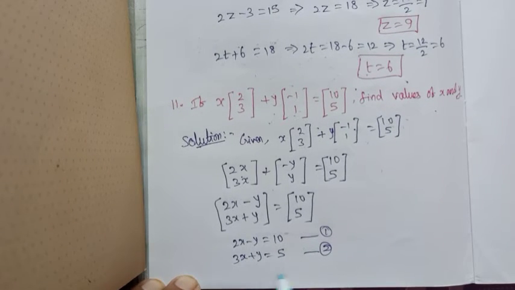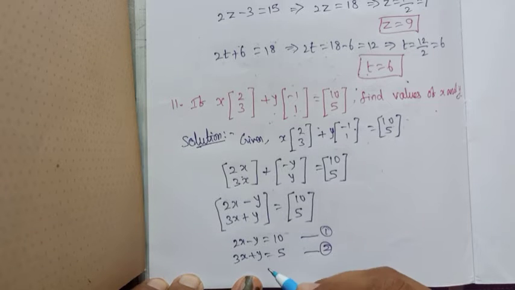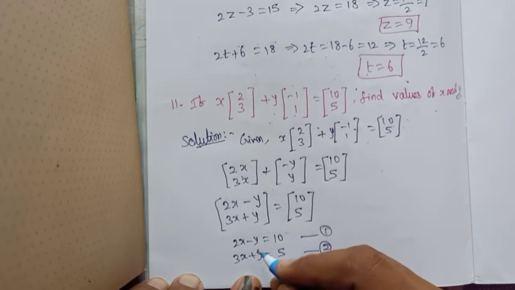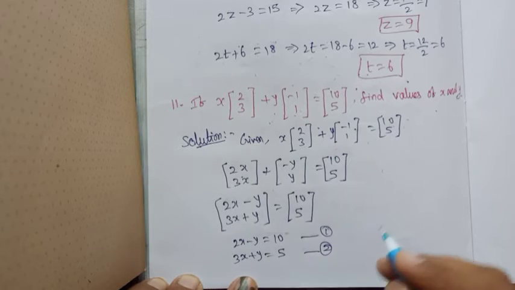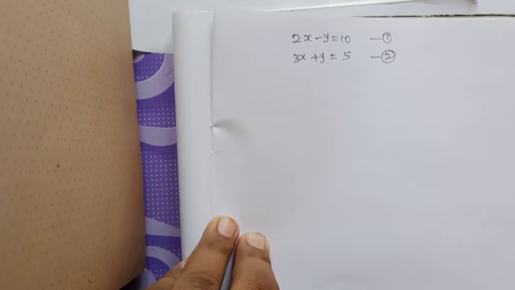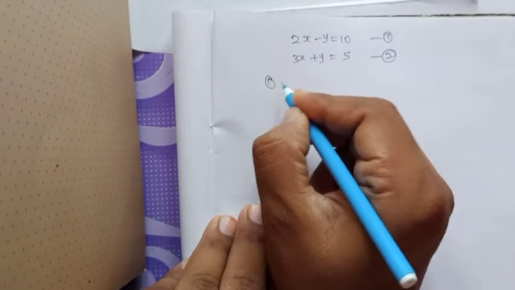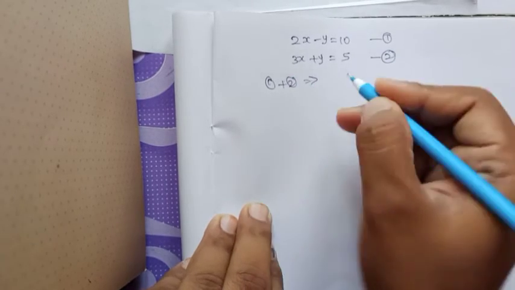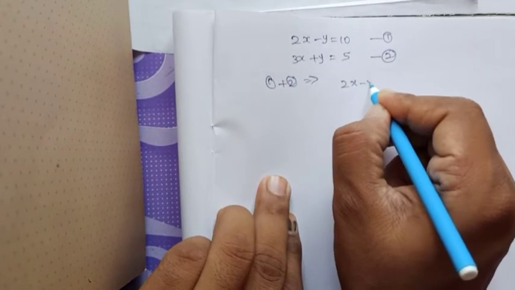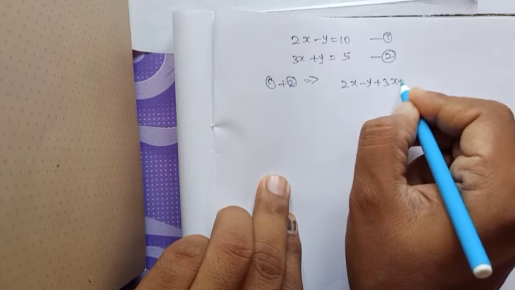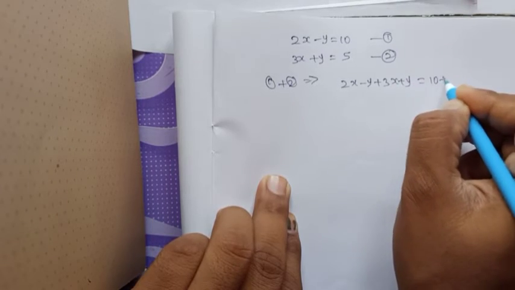So we get the equation format. So we have to solve the two equations. We see this is minus y and this is plus y. So we directly add these two equations, we get the x value, the y should be cancelled. So 1 plus 2, we get 2x minus y plus 3x plus y which is equal to 10 plus 5.